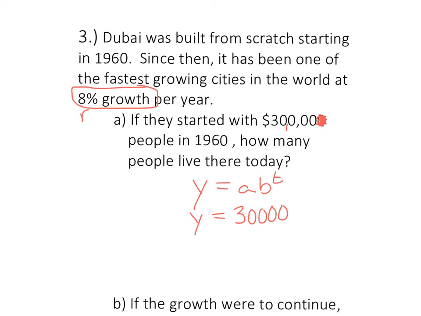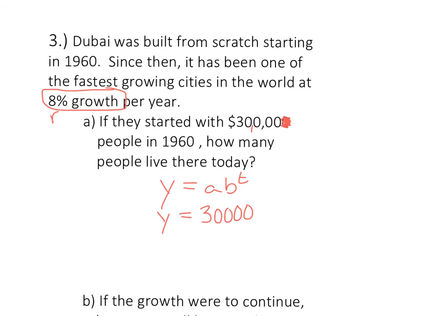I'll just slide over a little bit and change colors. The equation b equals 1 plus or minus r. Now, because this is growth, we're going to be using the plus. So it'll be b equals 1 plus 8%.